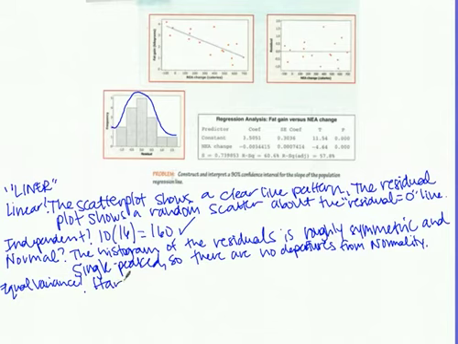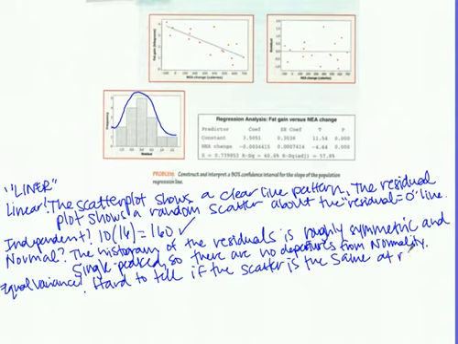So we would just say it's hard to tell if the scatter is the same at the residual equals 0 line.